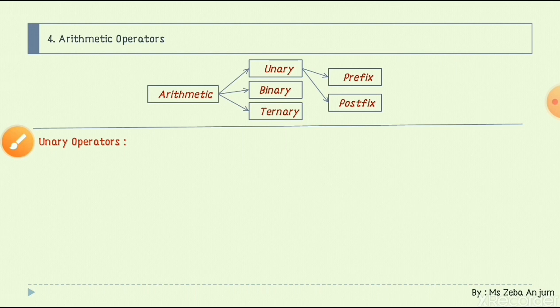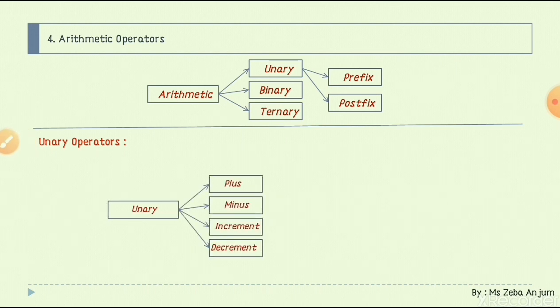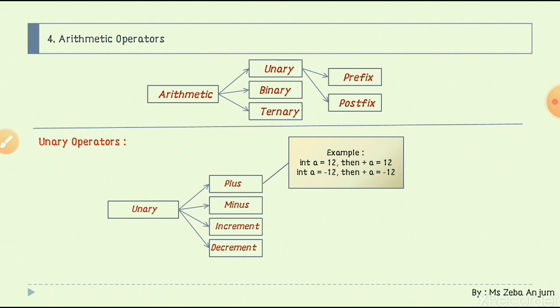Broadly, unary is divided into four parts: plus, minus, increment, and decrement. Let us see firstly the plus one. With the help of an example, if a equals 12, this is some simple mathematics.